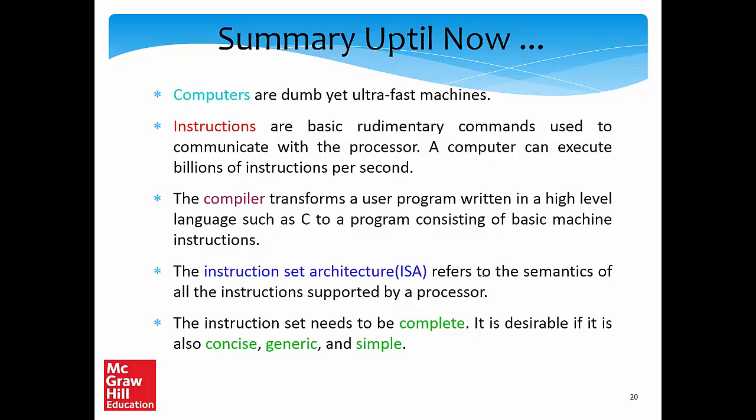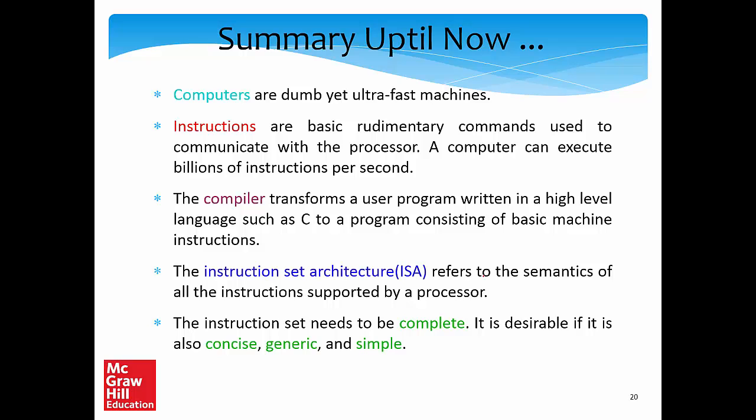The instruction set architecture refers to all the instructions that a processor supports, including how exactly an instruction works, what are its semantics. This means what is the meaning, what does an instruction do, how many arguments does it take, and what are the other features of an instruction.